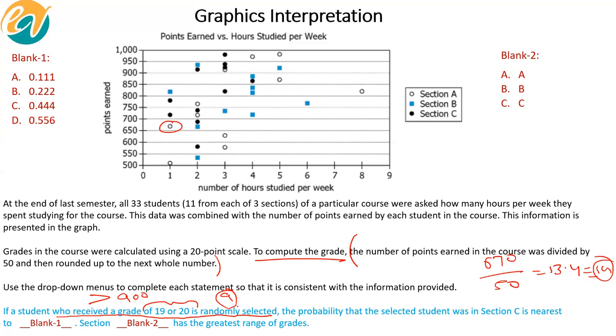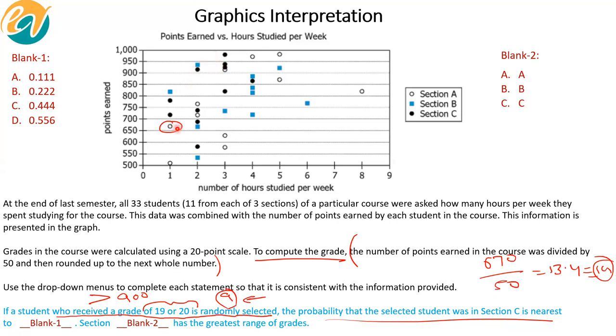If a student is selected randomly out of these 9 students, the question is asking what's the probability that the student selected was in section C. Out of these 9 students, how many are in section C? 1, 2, 3, 4.